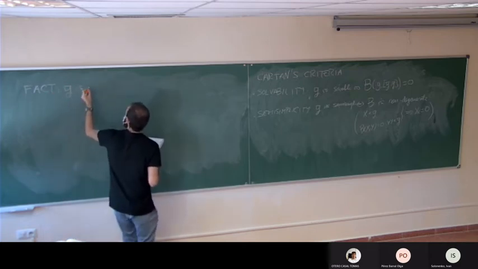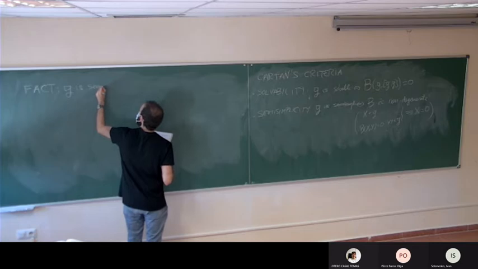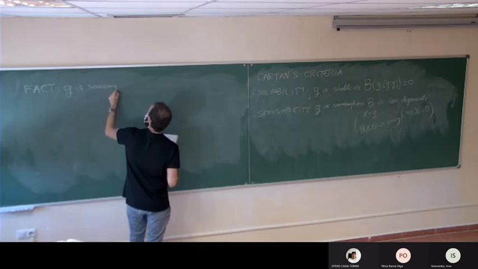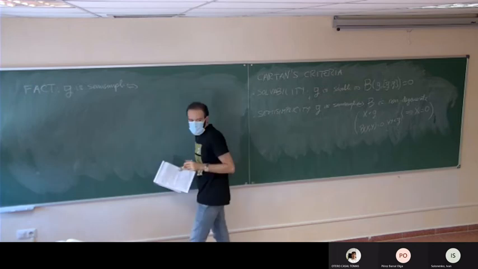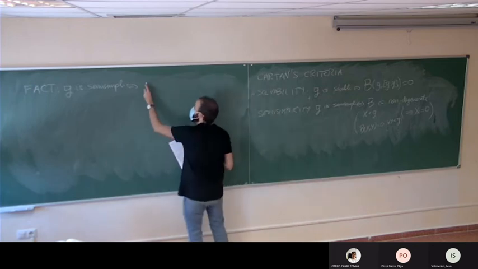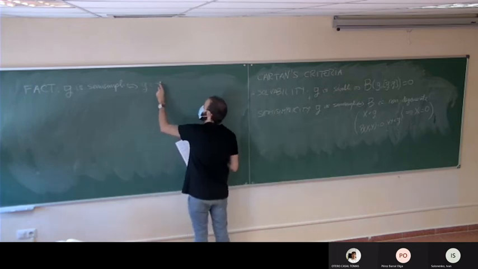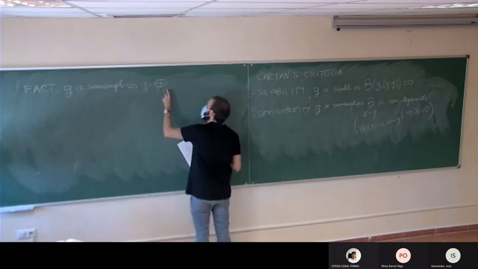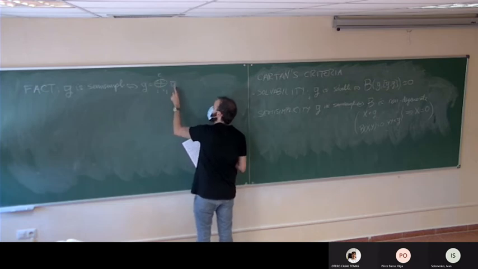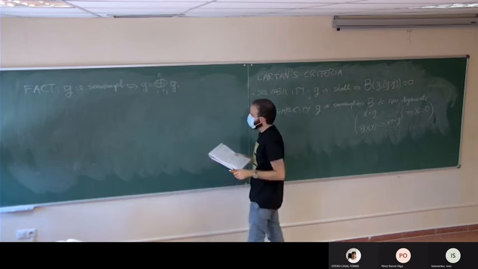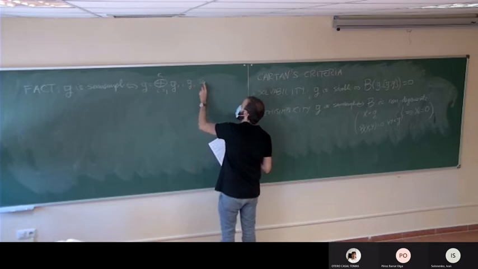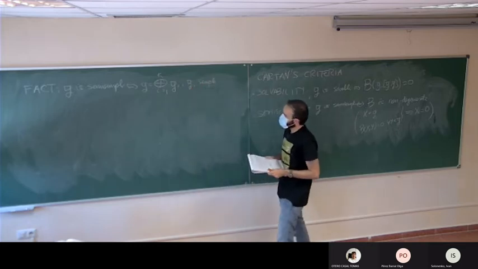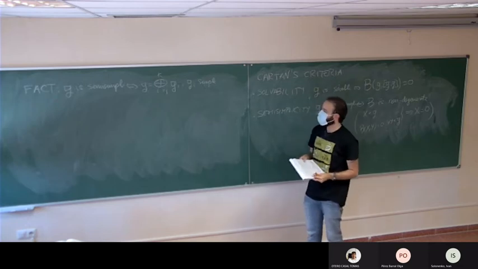G is semi-simple if and only if G can be split as a direct sum of ideals which are simple, and this decomposition is unique.